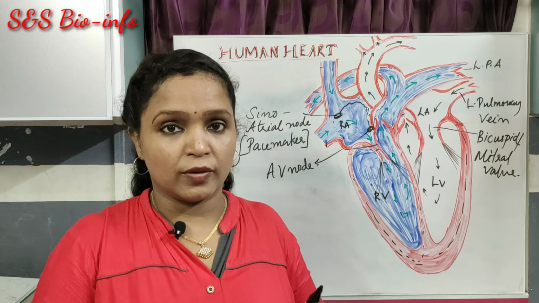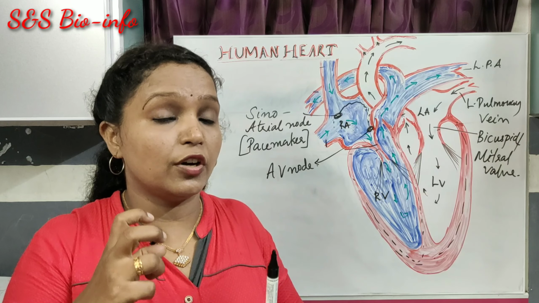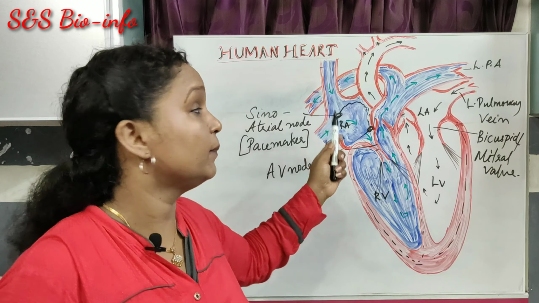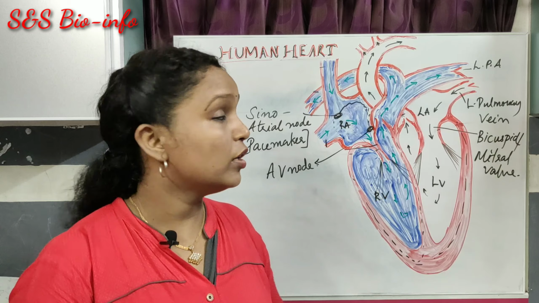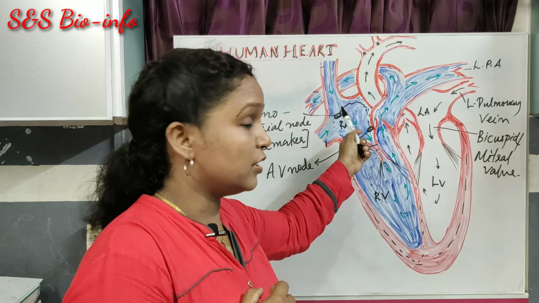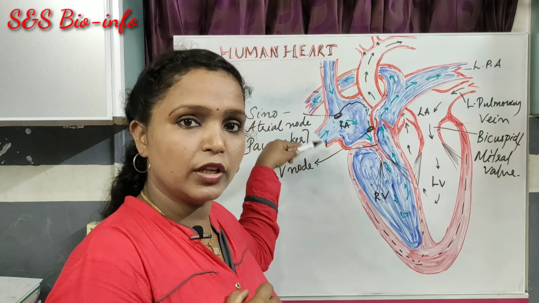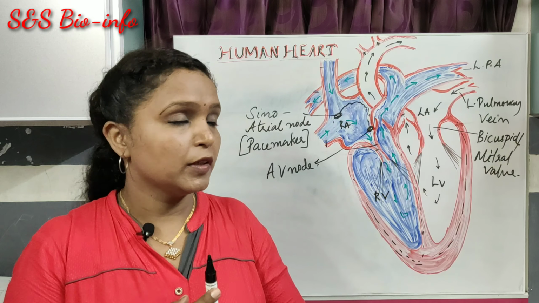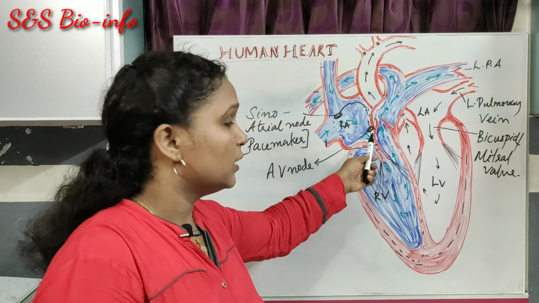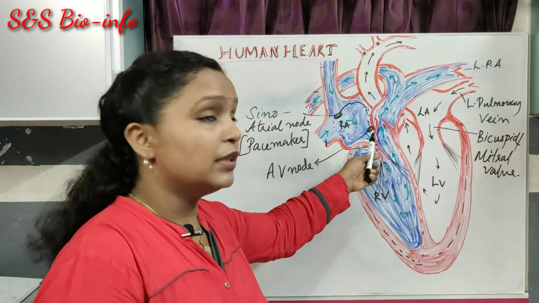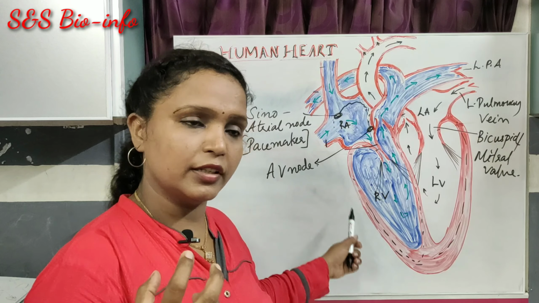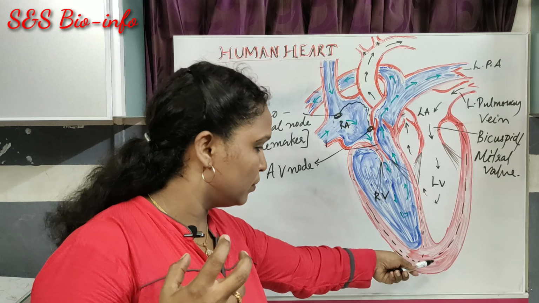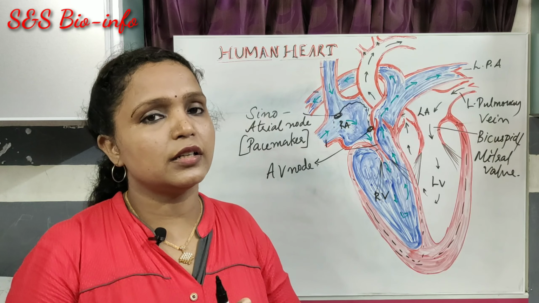This excitation, this contraction, the rhythmicity of the heart begins at the sinoatrial node. It is spread from the SA node to the AV node through the nerve fibers. So what happens? Contraction of the heart occurs. Thereafter, the nerve impulses travel through the interventricular septum, then to the walls of the ventricles.